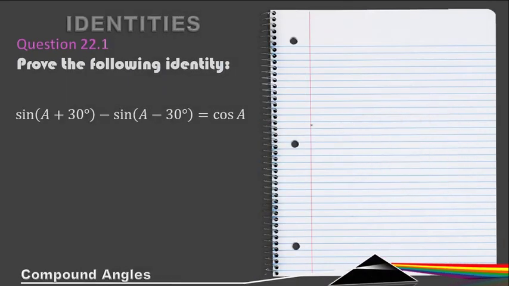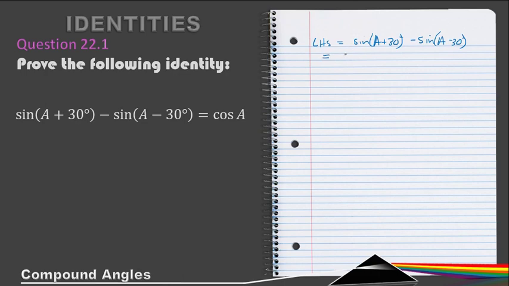So prove the following identity, and once again we're going to start with the left hand side. So left hand side is equal to sine A plus 30 and minus sine A minus 30 degrees.